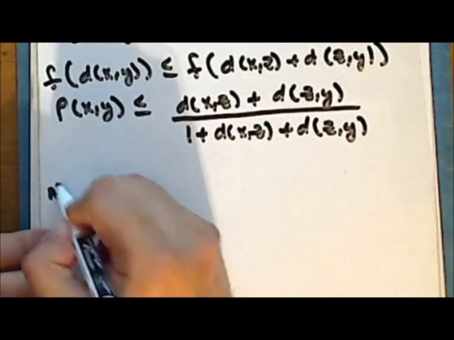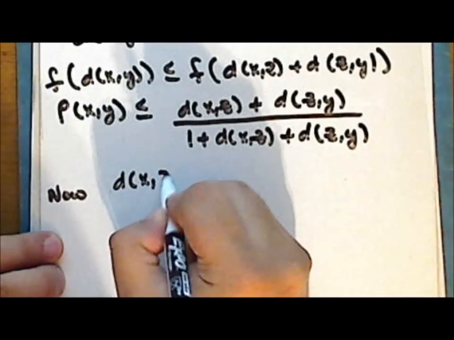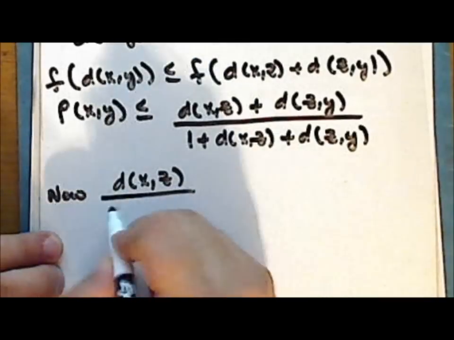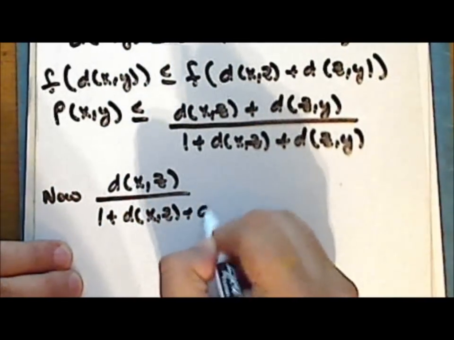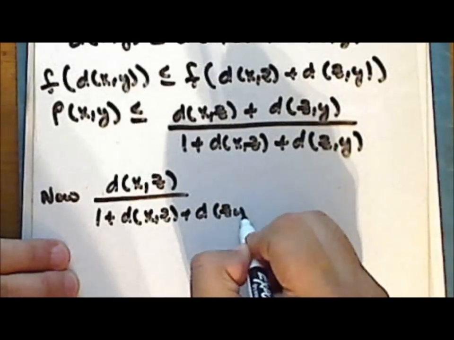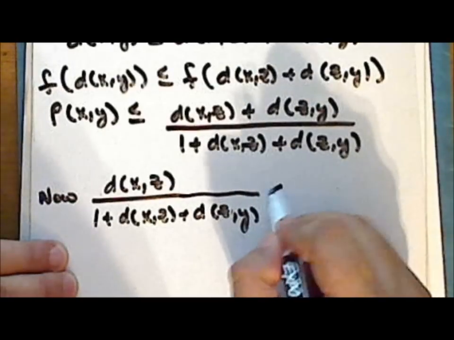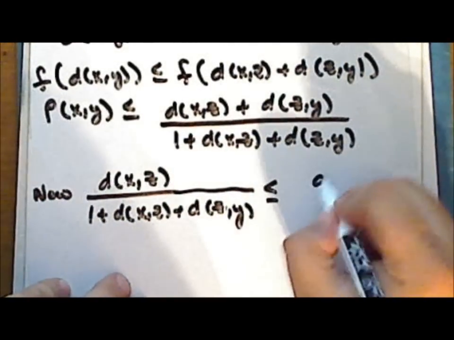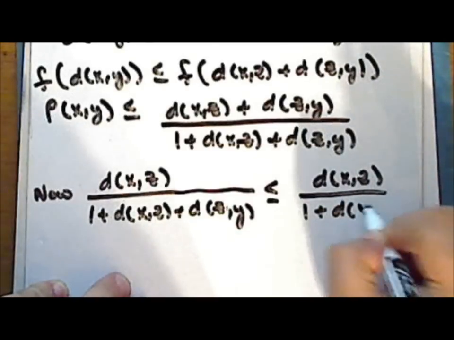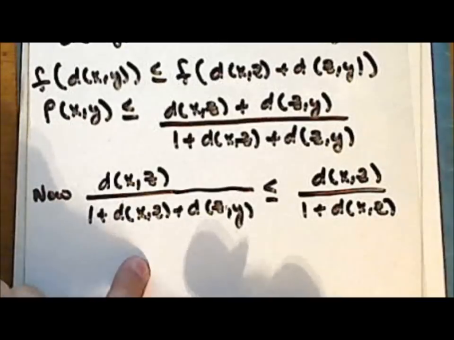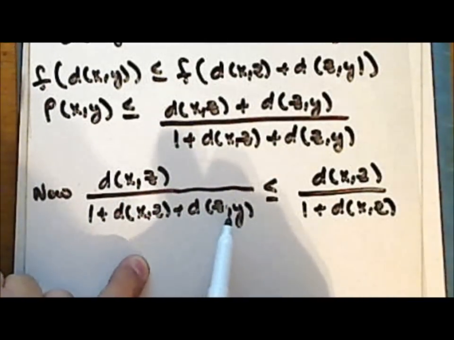Now, d of xz over 1 plus d of xz plus d of zy is less than or equal to the distance from x to z over 1 plus the distance from x to z. And the inequality can be strict if the distance from z to y is not 0.